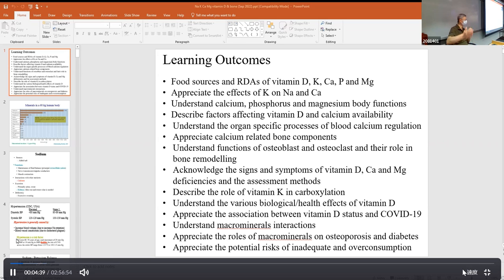Then we will move on to the more detailed ones. We will do calcium, and then vitamin D, which is very much related to calcium metabolism. And then we'll talk about magnesium.